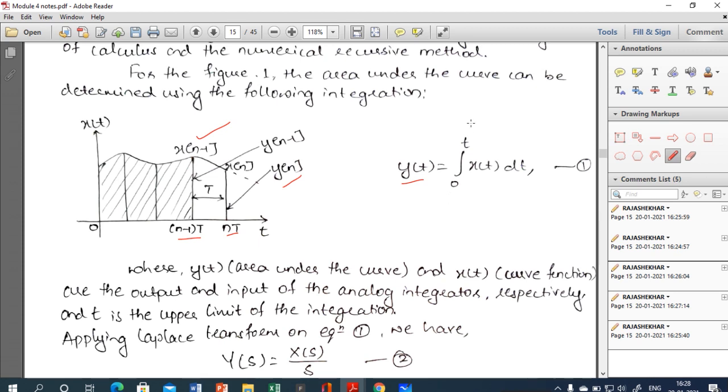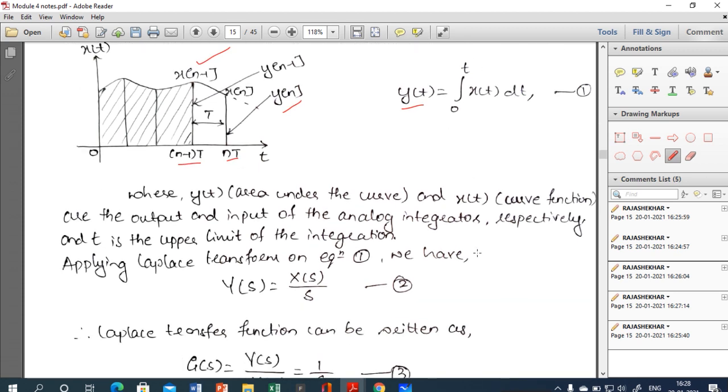So equation 1 is written as equation 2, where y of t becomes y of s, and x of t becomes x of s multiplied by 1 by s. So 1 by s is the transfer function of the Laplace transform.